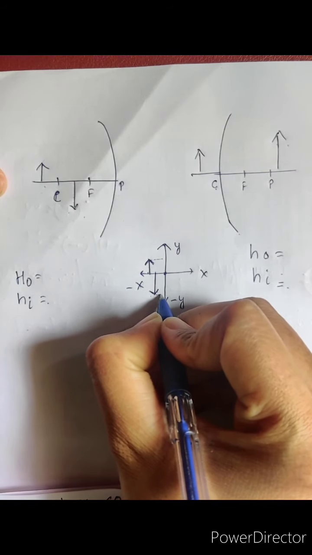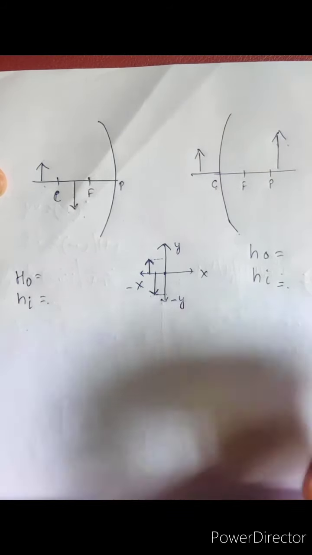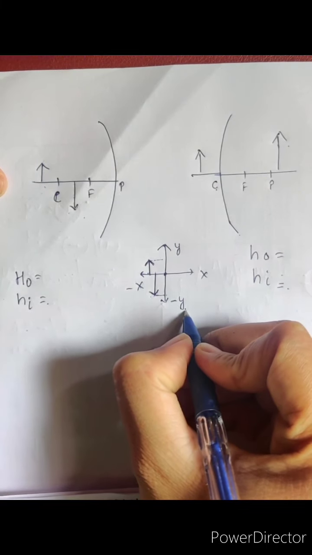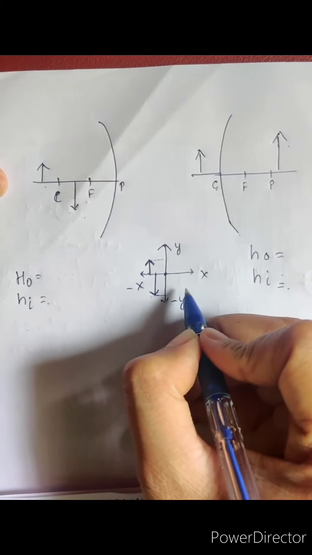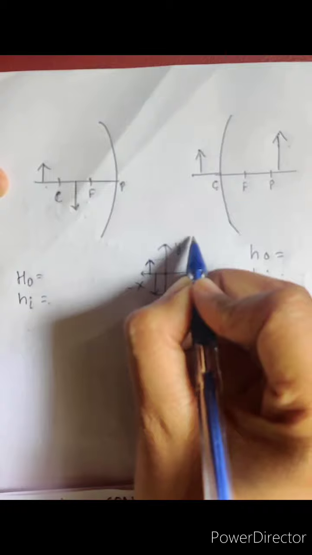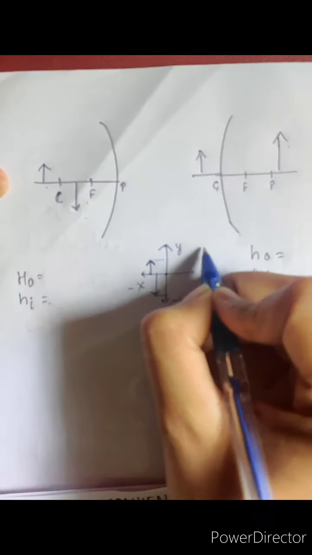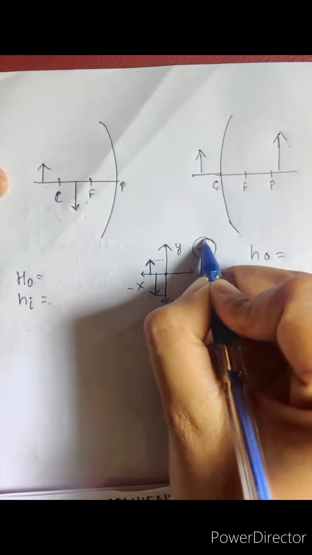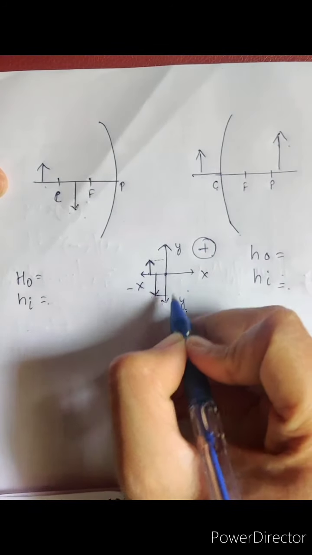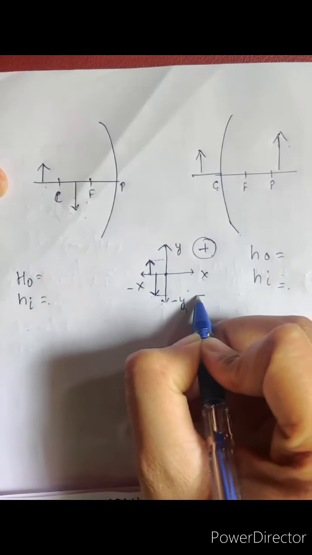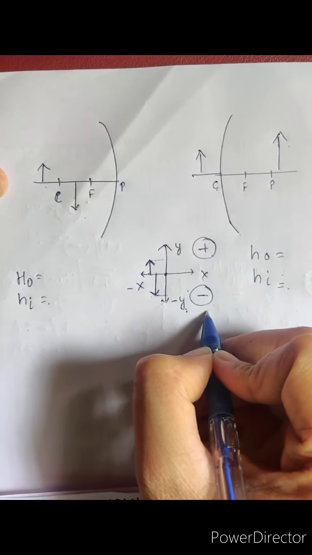In this case the height of the object will be measured on the basis of minus y-axis. So from this we conclude that if an object is present above this x-axis line, its height will be positive, and if it is present below this x-axis line, its height will be negative.